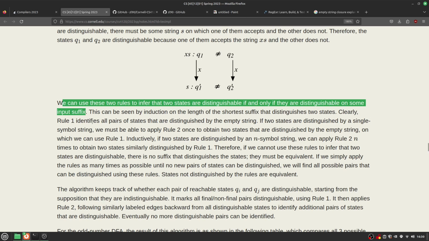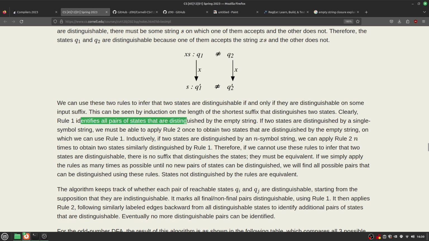Clearly, rule 1 identifies all pairs of states that are distinguished by the empty string. If two states are distinguished by a single symbol string, we must be able to apply rule 2 once to obtain two states that are distinguished by the empty string, on which we can use rule 1. Inductively, if two states are distinguished by an n symbol string, we can apply rule 2 n times to obtain two states similarly distinguished by rule 1.